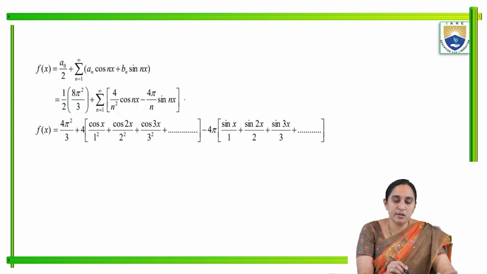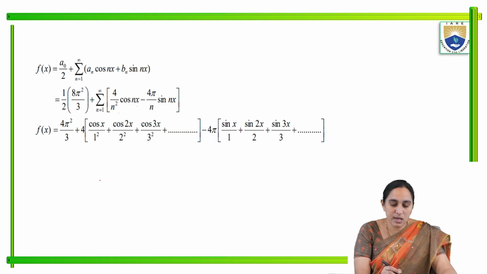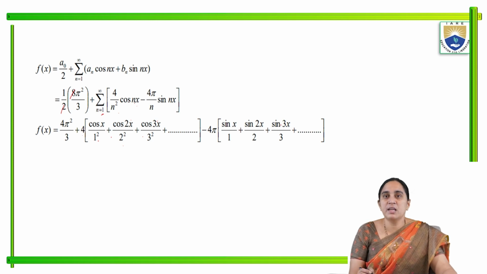After substituting all, now expand the sigma here. Okay, here 4 pi square by 3 plus 4, taking 4 outside, with n value starting from 1, that is cos 1x by 1 square plus n is 2, cos 2x by 2 square plus n is 3, cos 3x by 3 square, minus 4 pi into sin x by 1 plus sin 2x by 2 plus sin 3x by 3.